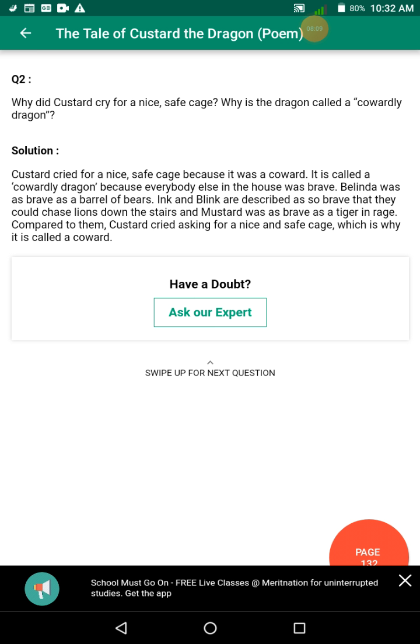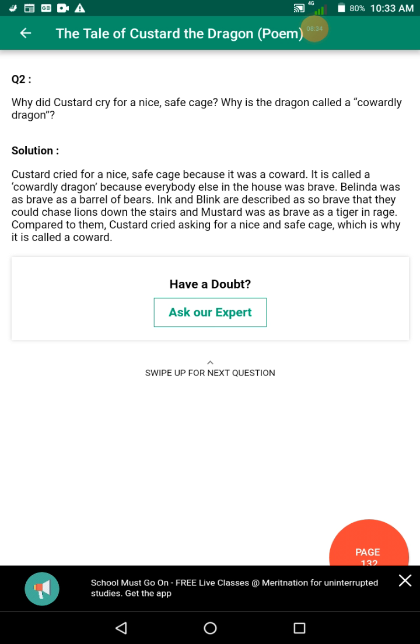Now we have to tell about each character in the house, how brave they are. One, Belinda. Belinda's bravery is compared to a barrel of bears. Ink and Blink are described as so brave that they can chase the lion down the stairs.